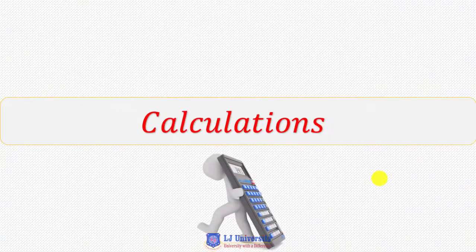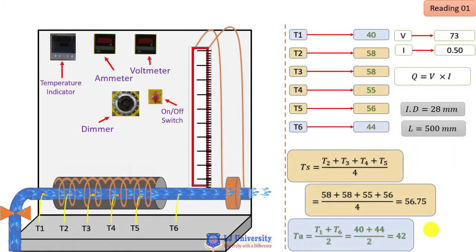Now based on the readings, let's do some calculation. From the readings we have the temperatures T1 as 40, T2 as 58, T3 58, T4 55, T5 56 and T6 44. We calculate the surface temperature of this cylinder by adding T2 plus T3 plus T4 plus T5 divided by 4.